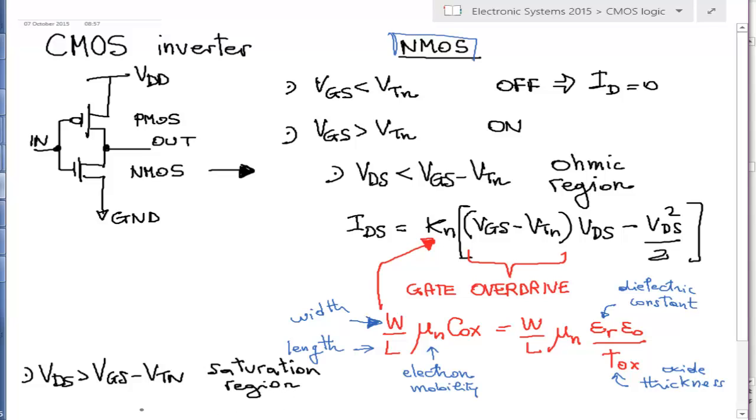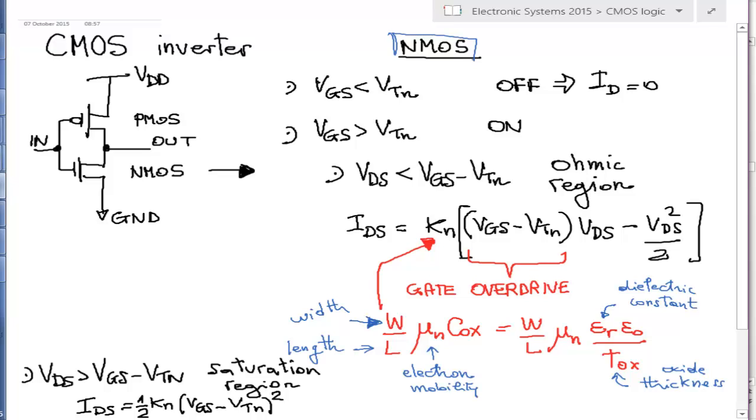And in this region, IDS depends almost only on the overdrive, because it becomes something like Kn over 2 times (VGS minus VTN) to the second power.